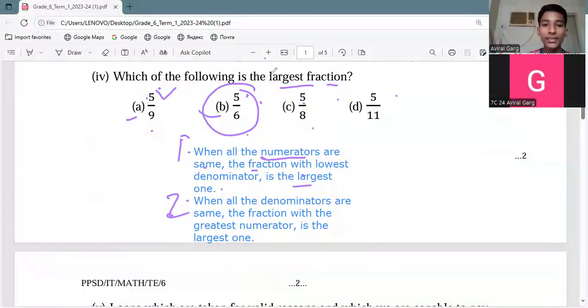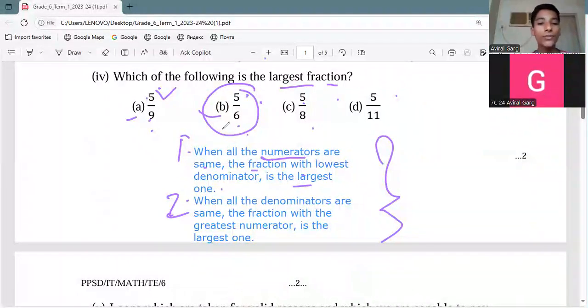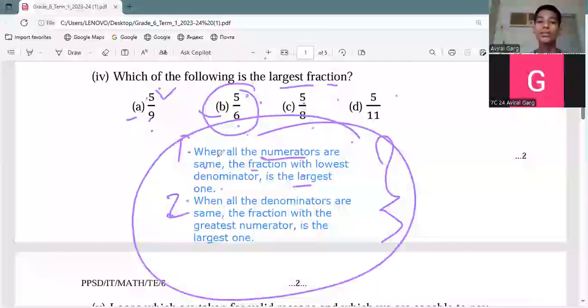So option B is the correct answer here. If you do not want to go by this method, there's a longer method: you can start dividing each fraction, but that would take much of your time. So not to waste time, use this concept and you can solve that question easily.